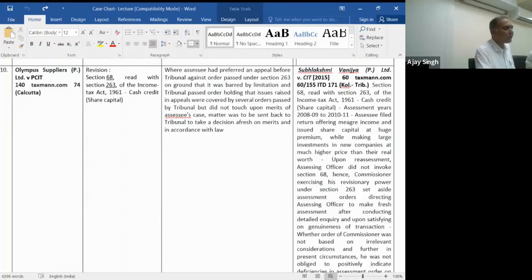The honorable tribunal rejected the appeal of the assessee, on the ground that this particular issue, what the assessee wanted to argue, was covered by so and so. Also on the ground that this 263 was barred by limitation.